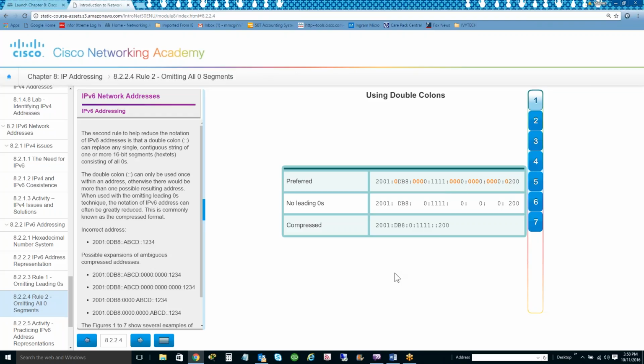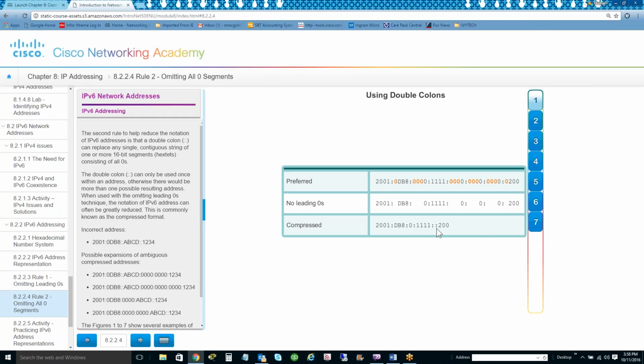Okay. Now, there's a catch. You can only do that once. You can't have multiple double colons in an address or it'll be invalid. Ergo, that's why you don't see a double colon up here between the 1111 and the 0db8. You've got db8 colon 0 colon 111 colon 200.